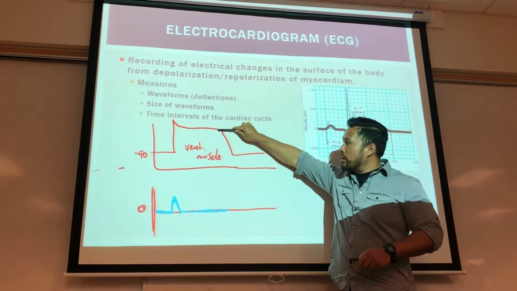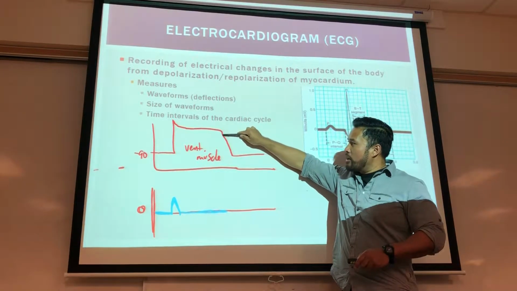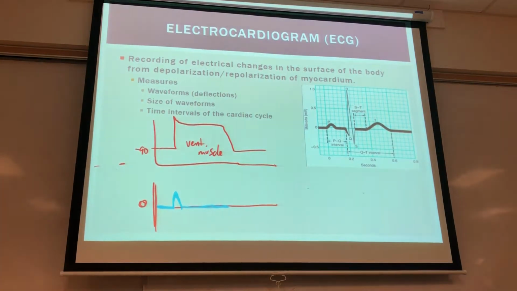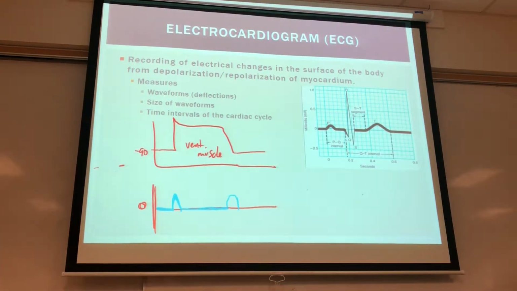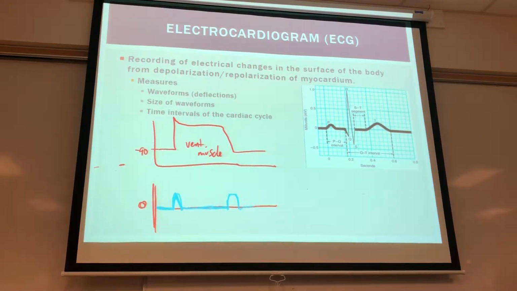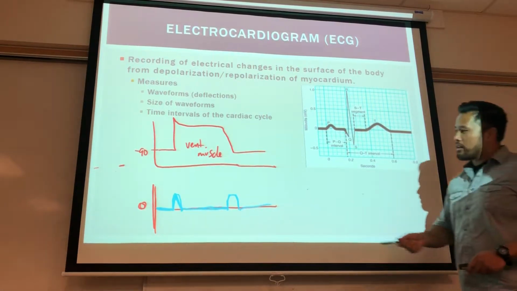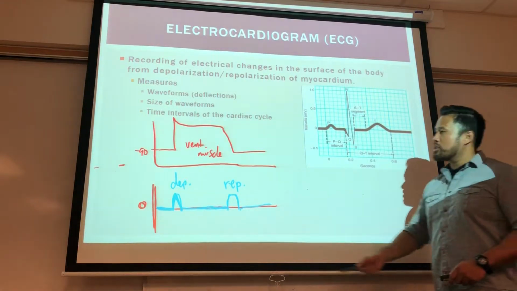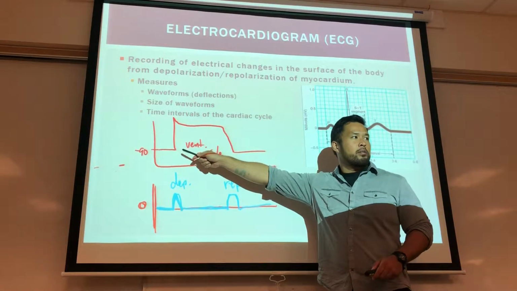During repolarization, where you're going to see a change in the membrane potential, so you should expect to see another blip. And then it evens out. So this represents the depolarization, and this represents the repolarization, which are huge changes in the membrane potential.